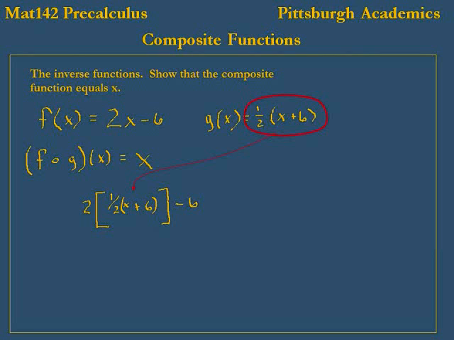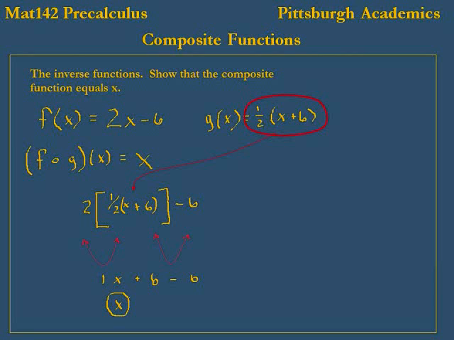This one in particular is actually pretty easy to see, because you can see the 2 and the 1/2 are going to cancel each other out. 2 times 1/2 is immediately 1x, which then just leaves x plus 6, and then the 6 and the minus 6 immediately cancel each other out, leaving just a 0. So you have, after those two operations, just x left.